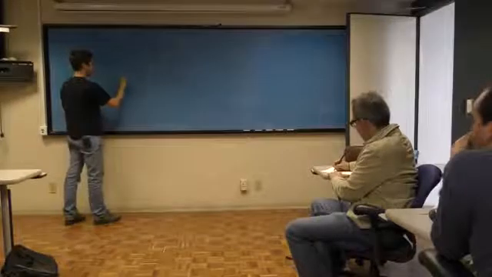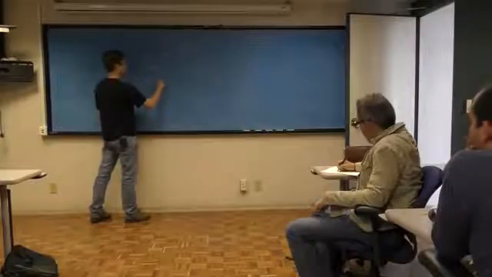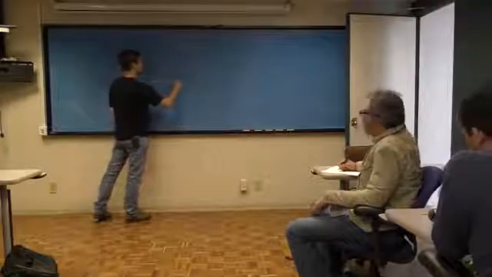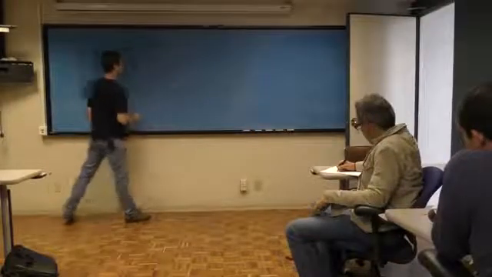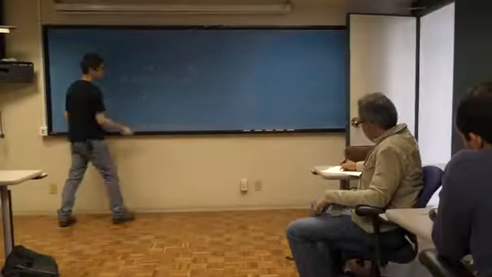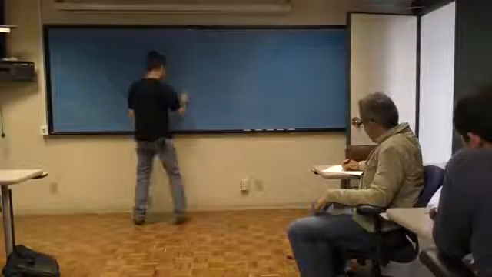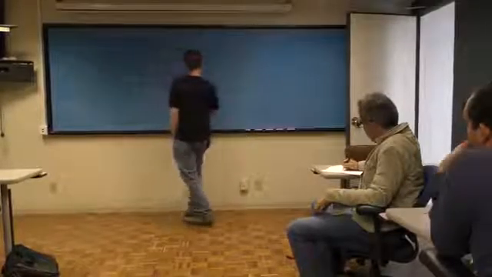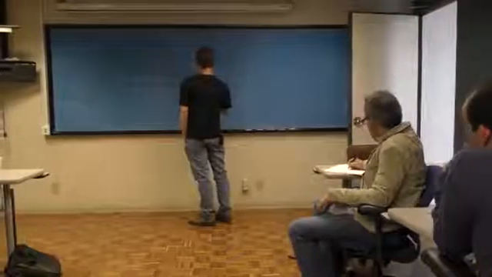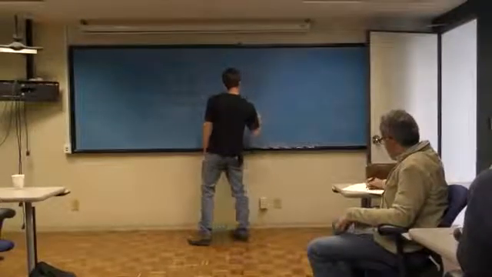Now if N0 is transverse to N1, then you can form this intersection. N0 intersect N1 is a subset of M, and that'll be a submanifold of codimension D0 plus D1.